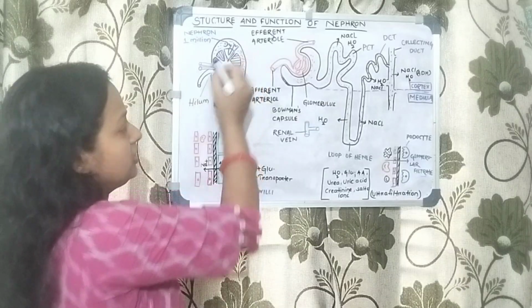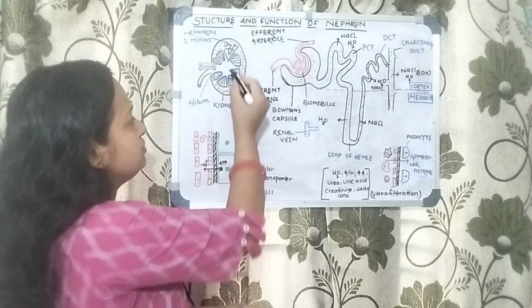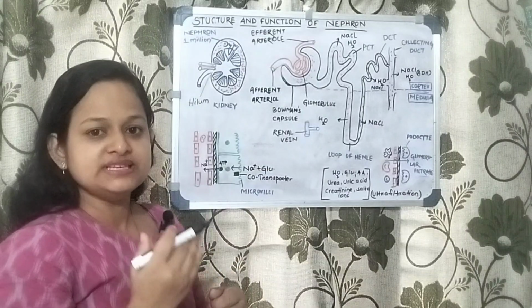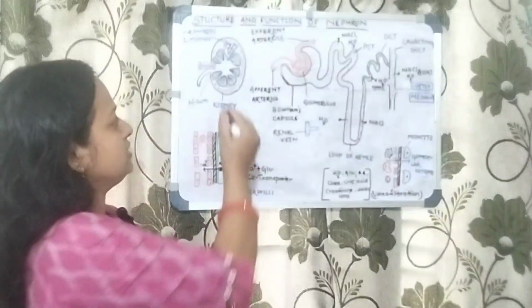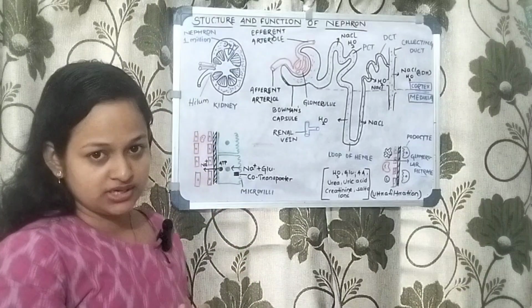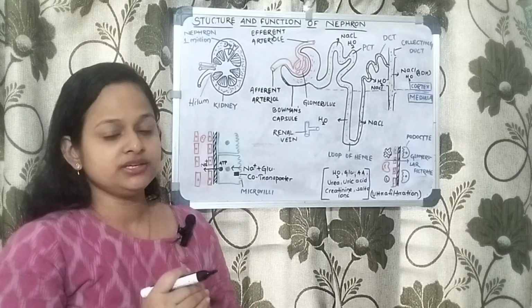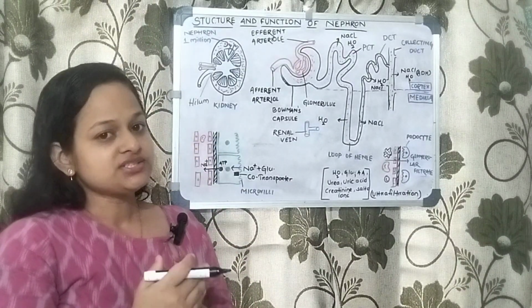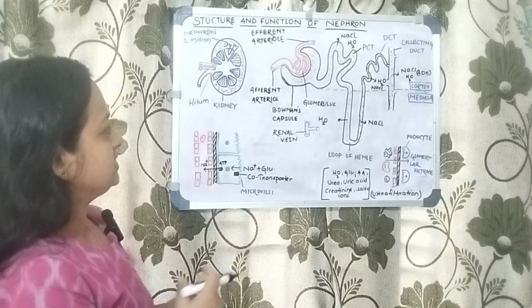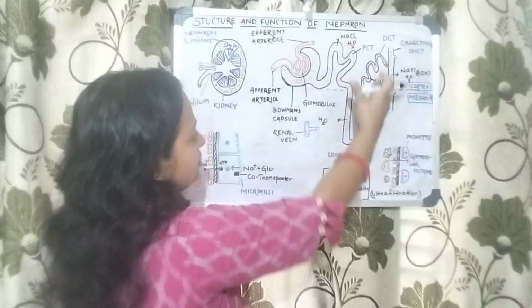Through this collecting duct, the urine comes to this part, the renal pelvis, and from this renal pelvis the urine comes out through the ureter into the urinary bladder, and from the urinary bladder it finally passes out through the urethra. So come, we will discuss the structure of the nephron.